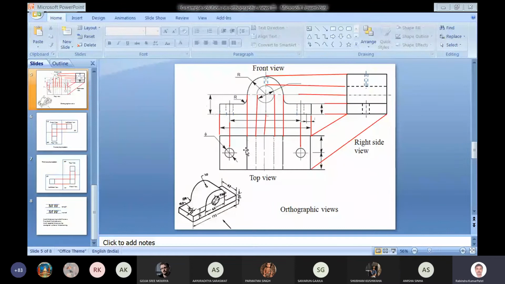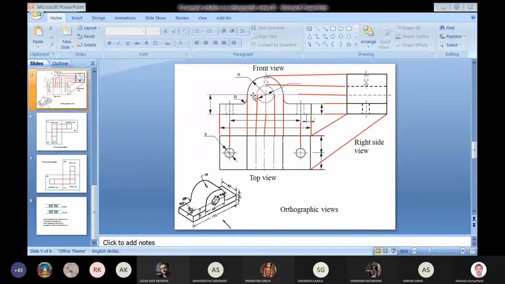See, if we consider a cylinder in the projection, what do we get? We get two extreme boundaries of the cylinder.